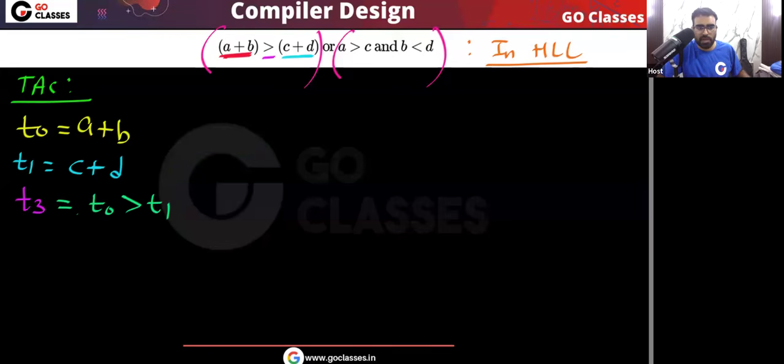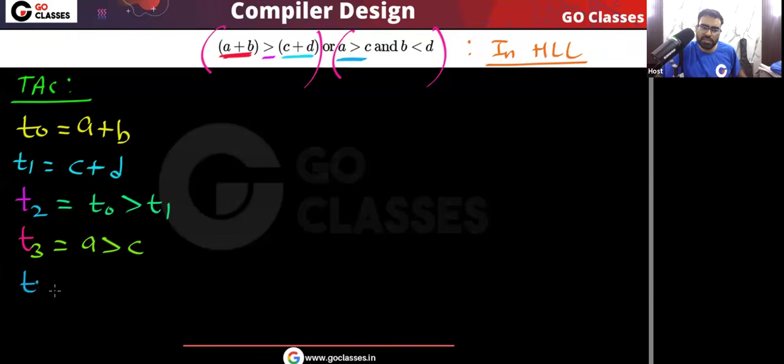Very simple. Now let's see. Then we will do this A greater than C. Here you have T2, okay, T0, T1, T2. Next you have T3. In T3, you can put A greater than C. Again, this T3 is also a Boolean temporary variable.